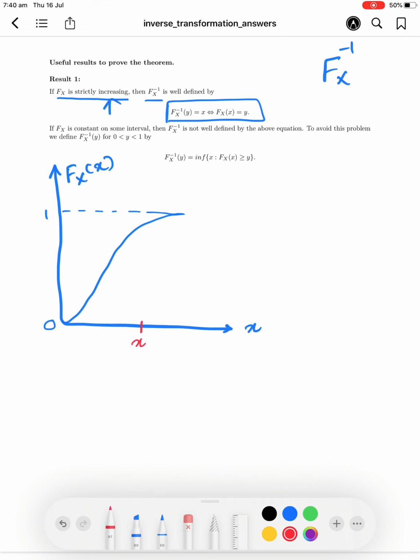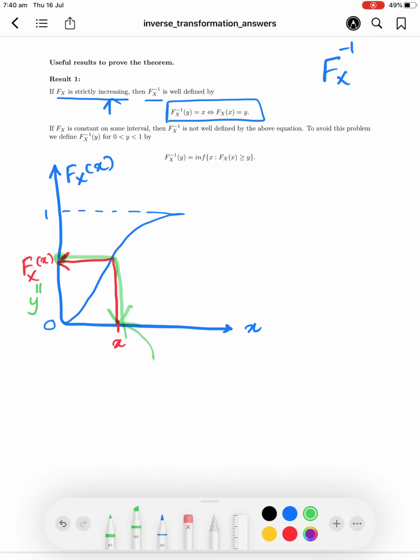And if this is x, we have here F_X(x). Let's call this new quantity y. Now, if we start from here and move the other way, we come to the same point.